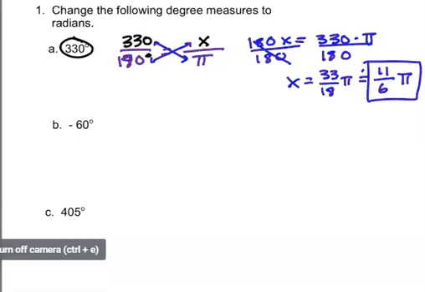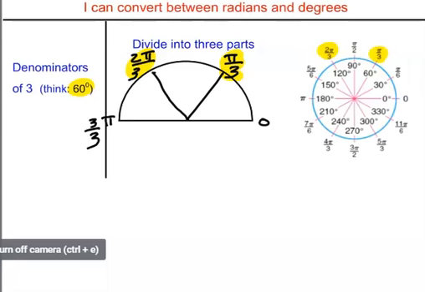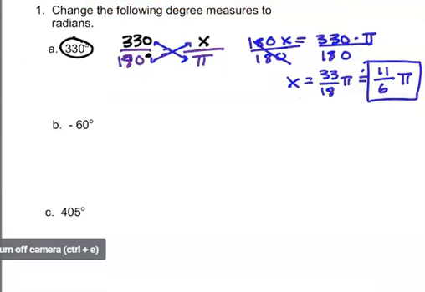So if I went back to one of these unit circles here, remember we were converting 330? Well, 330 is the same as 11 pi over 6. So if we don't have a unit circle next to us and we want to convert it into radians, this is how we do it.